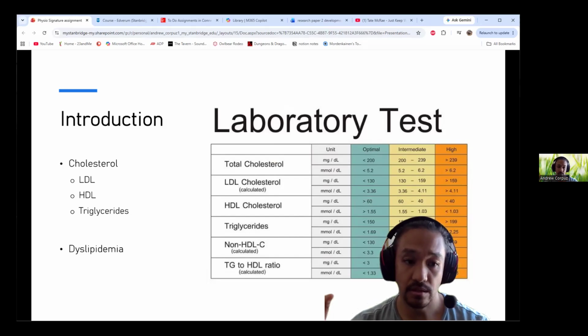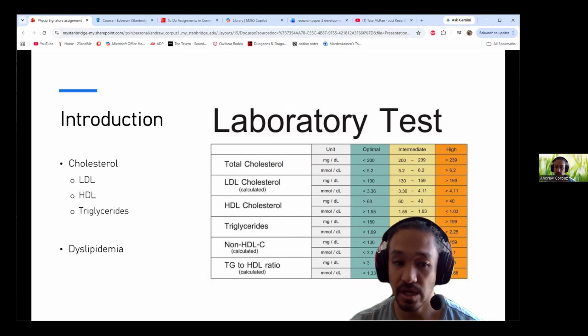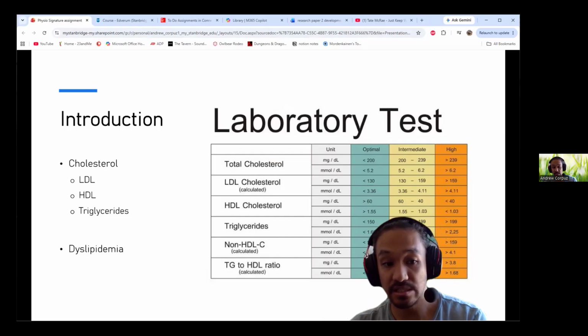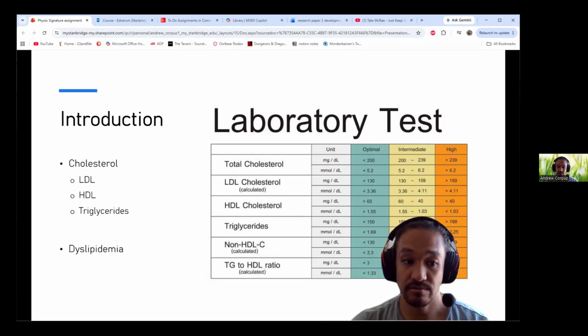It all just depends on if your LDLs are super high and your triglycerides are super low, or you have really high triglycerides and high LDLs, or maybe you have high across the board. Regardless, just different abnormal levels.